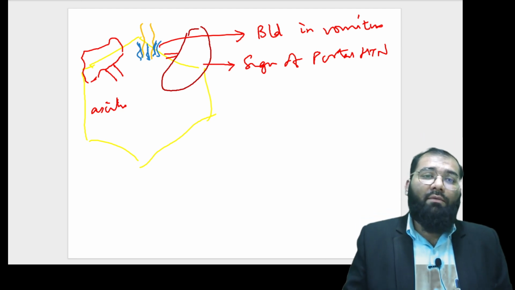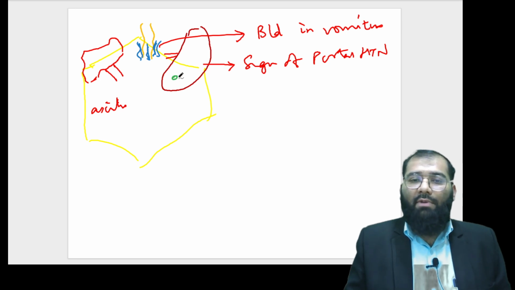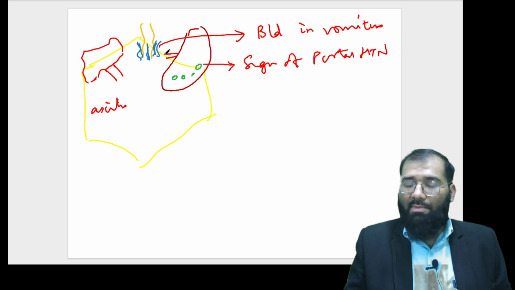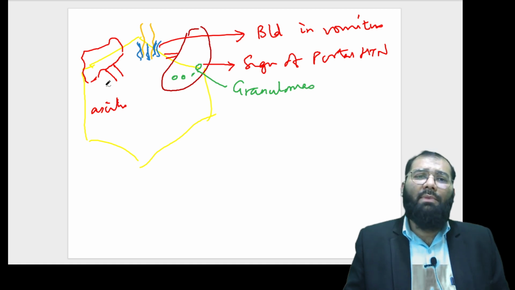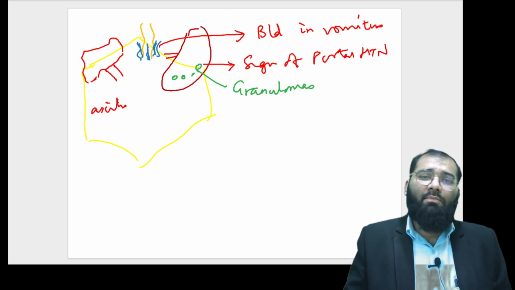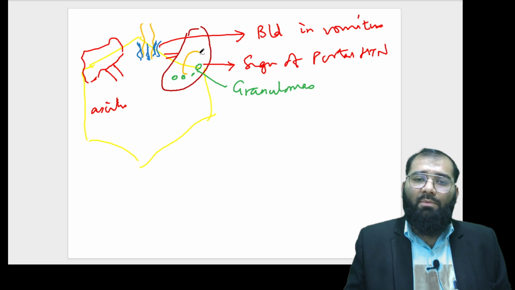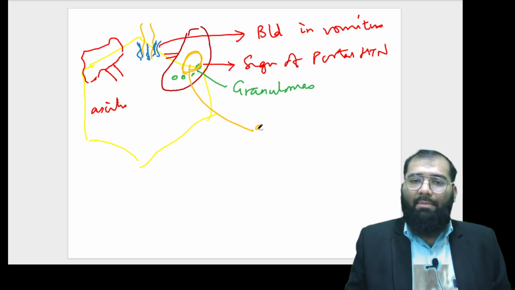Another important thing for surgery patients: suppose there is tuberculosis, you might find tubercular granuloma, sometimes calcified granulomas may be seen. So the next important differential you get is granulomas. Another very important pathology in the spleen, especially in HIV positive patients, is splenic abscesses.